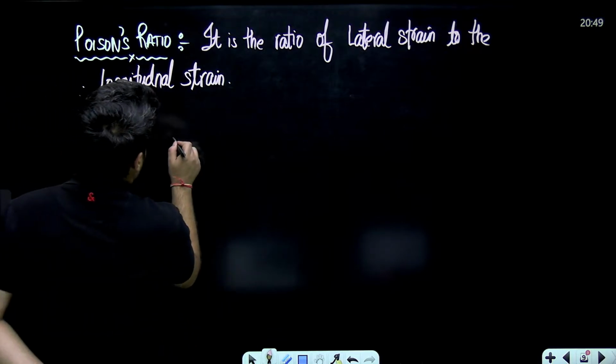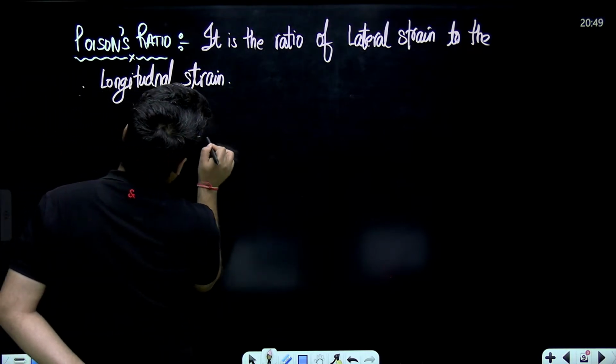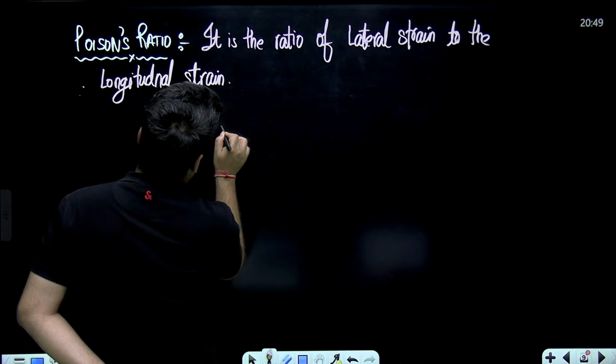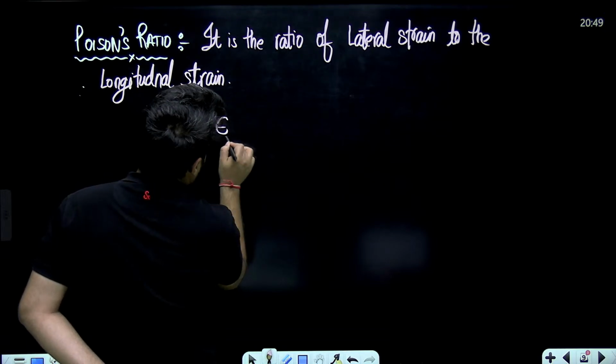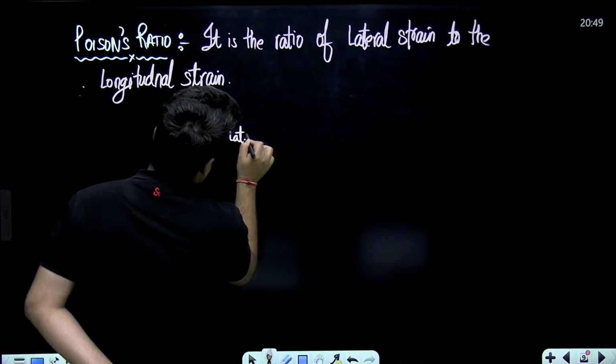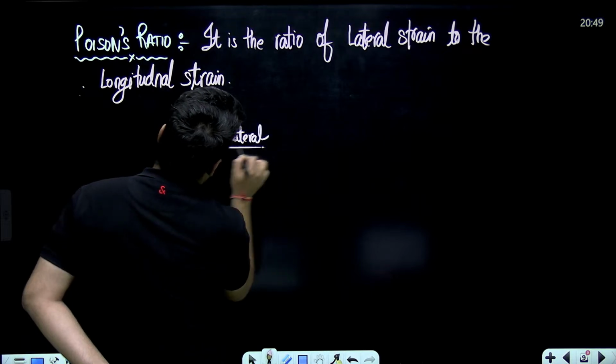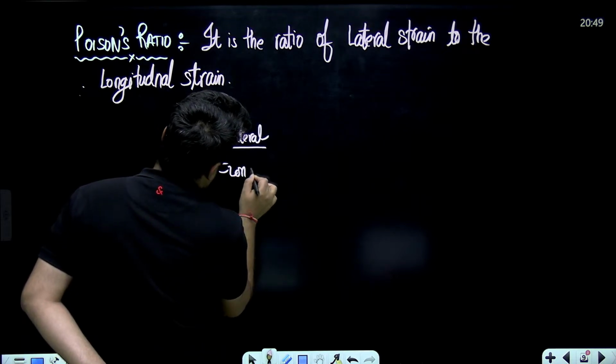So basically it is defined with mu, that is basically epsilon lateral to the longitudinal.